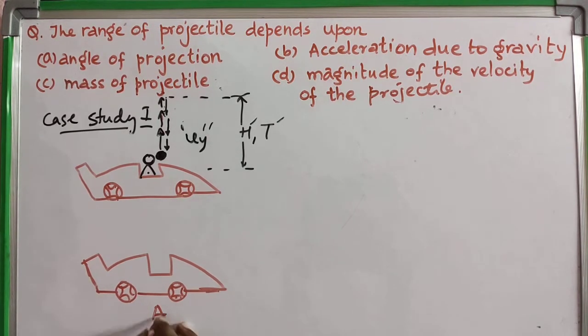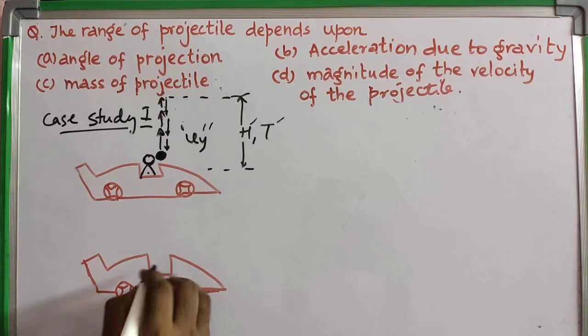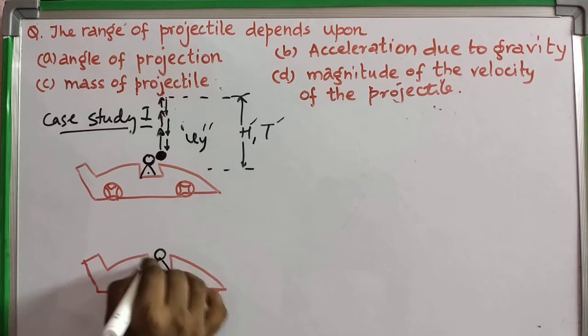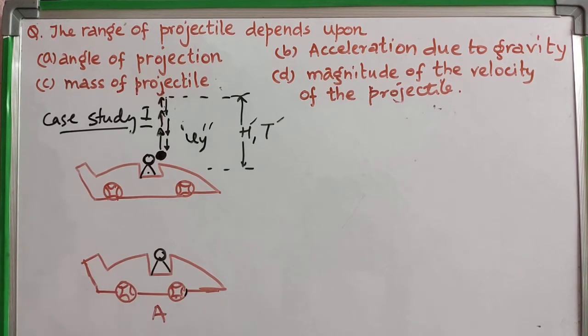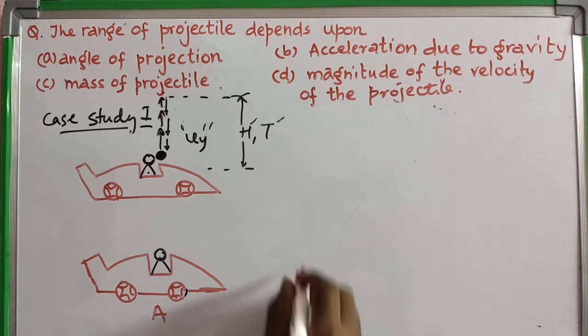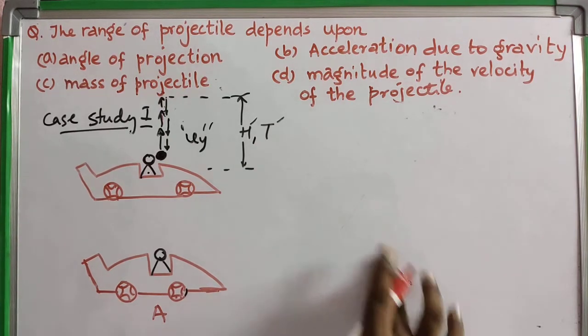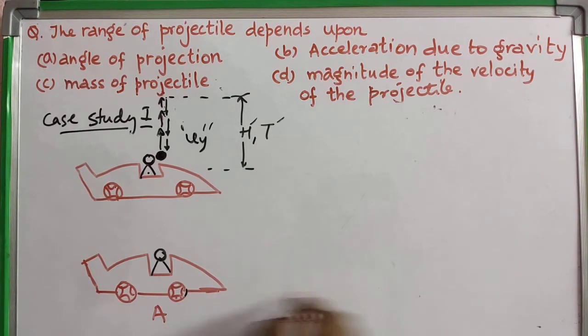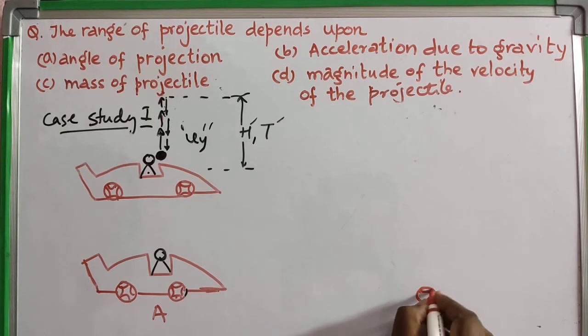I asked him to drive to point A. So this is point A for us. And there is a point B here. So this is point B.